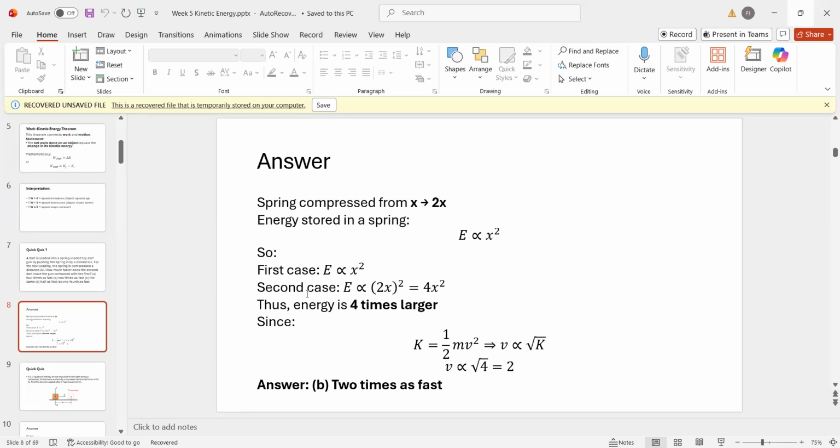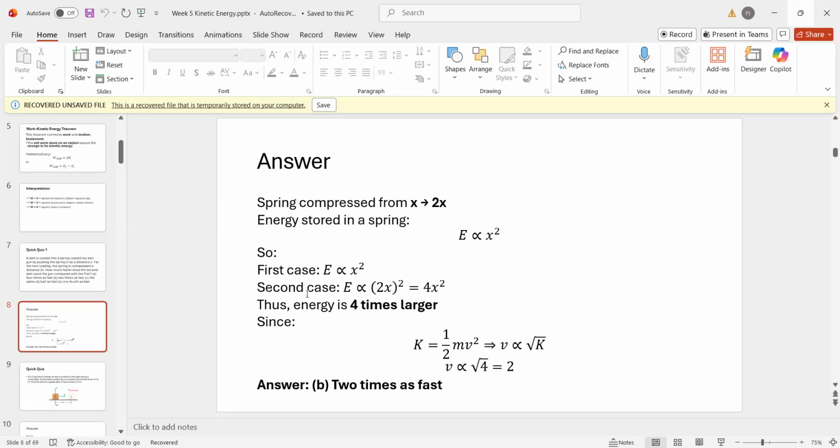And then we know that the energy stored in the spring is directly proportional to the extension squared, where x is the extension. So in the second case, because it's 2 times, you multiply x by 2, so you have 4x squared. So the energy is 4 times larger.